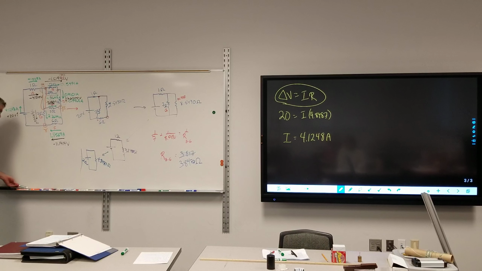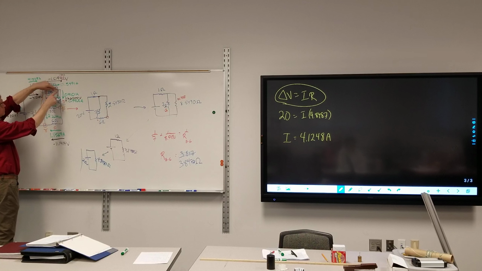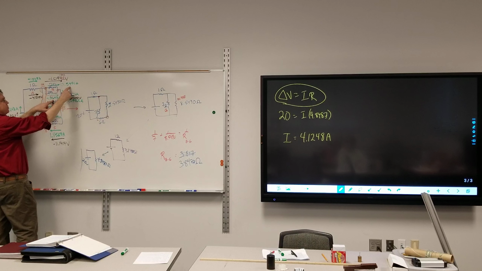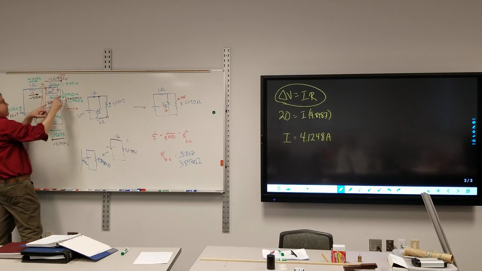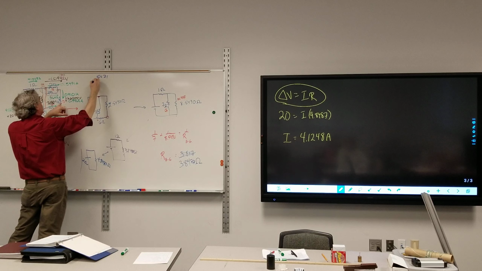Now let's do a quick check here to see how far off we are. I know that if I use the junction rule here, whatever current's flowing across here must join back up. So if I add these two currents together, that should not be negative. If I add these two currents together, I have 0.5471 and 0.3647.